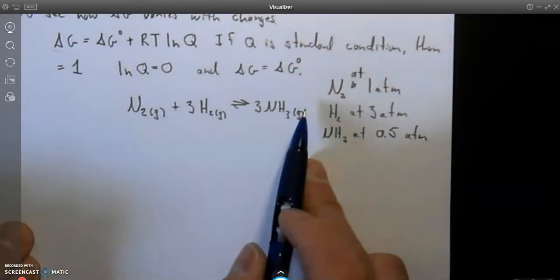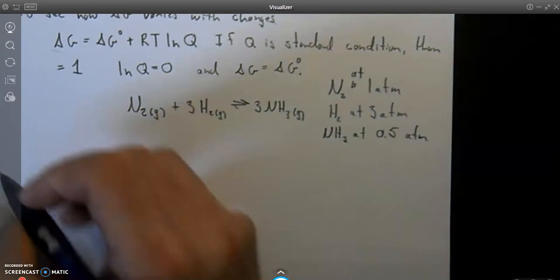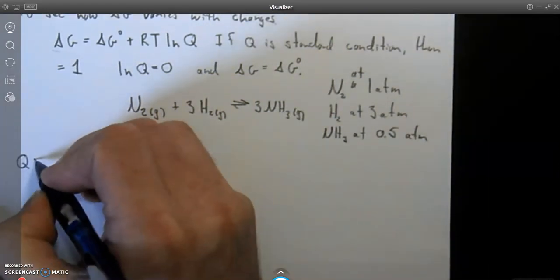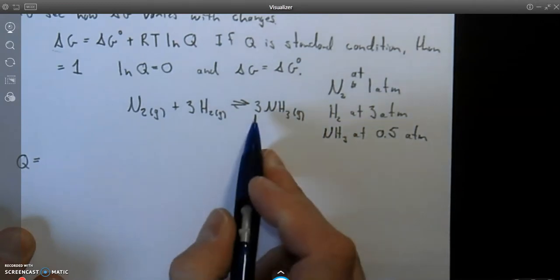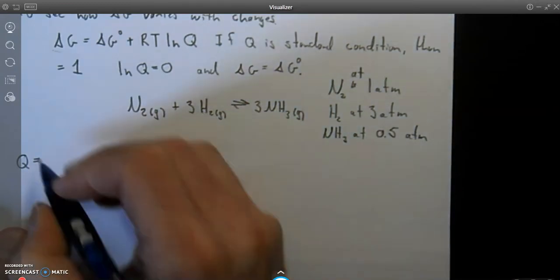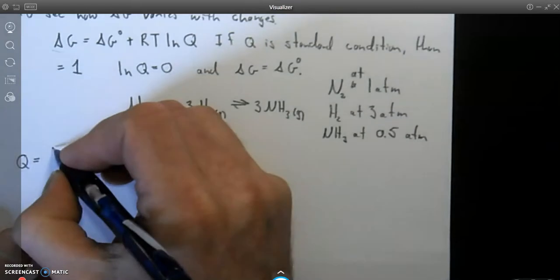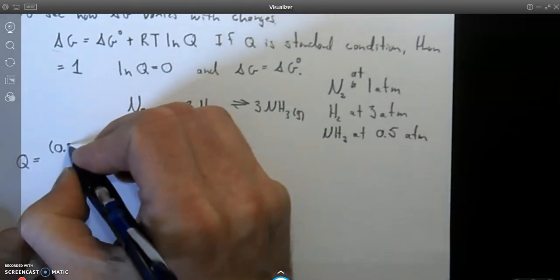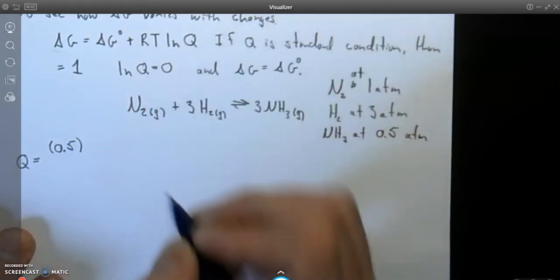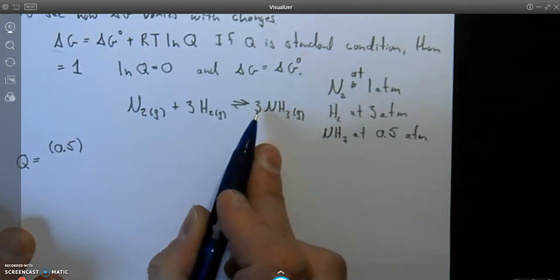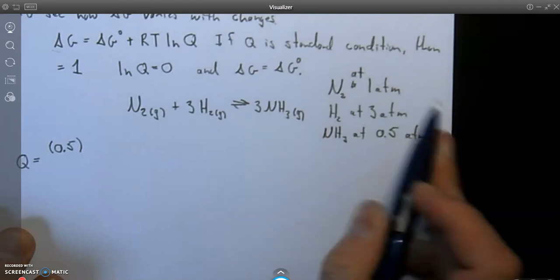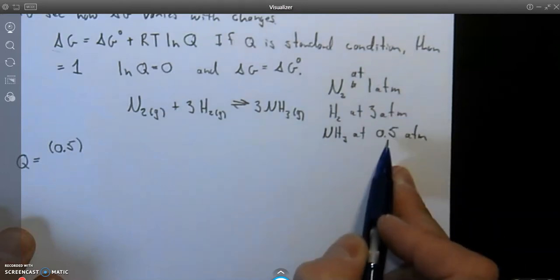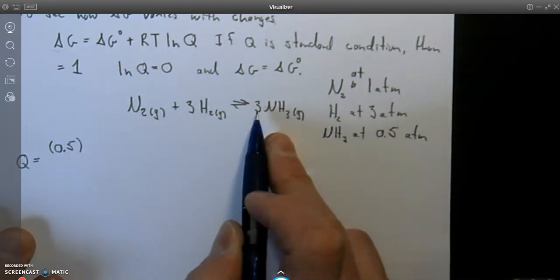So again, equilibrium stuff, we're pretty familiar with that. Q is going to be equal to products over reactants. Don't forget each one is raised up to its value based on the concentrations that I have for these guys. Ammonia is 0.5. Its coefficient value is 3, or excuse me, looking at my sheet, it looks different.